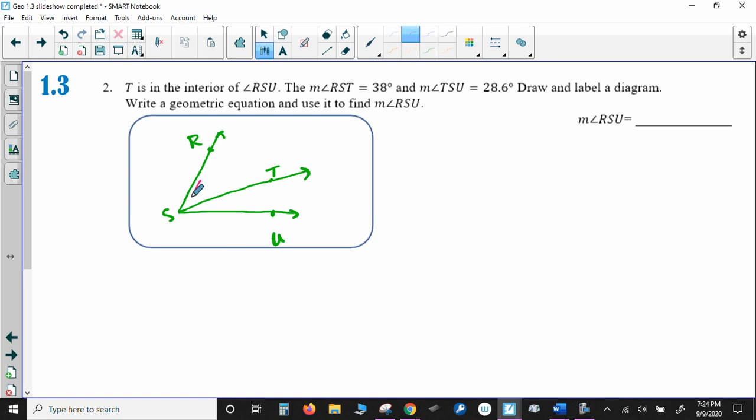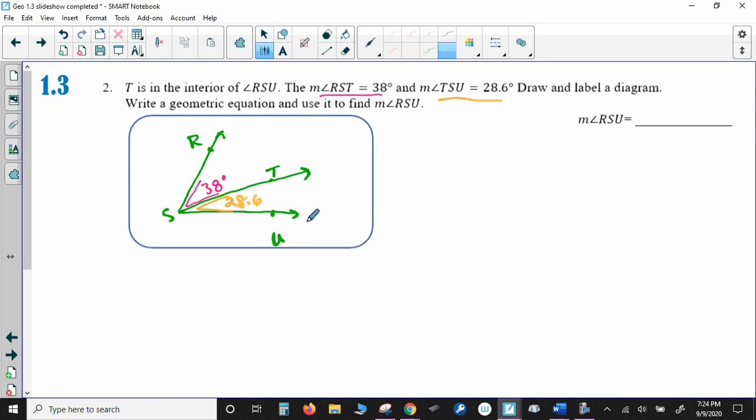So that means this angle right here, and we don't typically trace this, but I'm trying to bring your attention to it, that angle right there is 38 degrees. And it also says that angle TSU is 28.6 degrees. So here's T, here's S, here's U. So it's talking about this angle right here being 28.6 degrees.